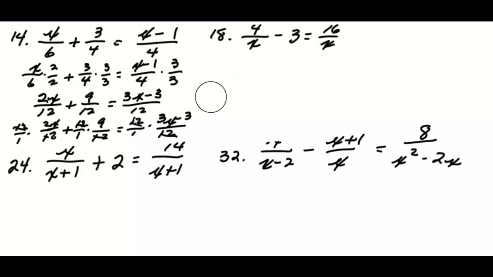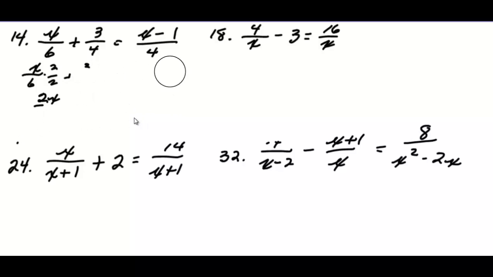Let's take a look now at number 18, and the biggest difference between 18 and the one that we just did is that now in the denominator, instead of having just numbers, what we've got are variables, x.